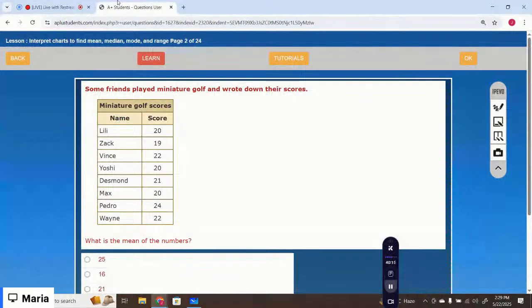Some friends played miniature ball run. Scores. What is the mean of the numbers? So again, we need to calculate it. Just add all the numbers. Scores, they are 20 plus 23 plus 20 plus 20 plus 21 plus 20 plus 24 plus 20.